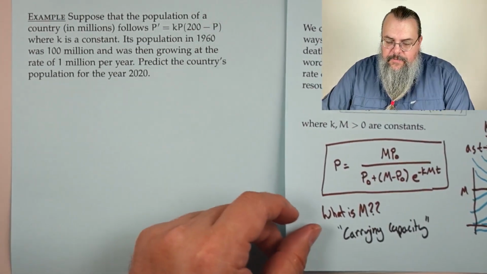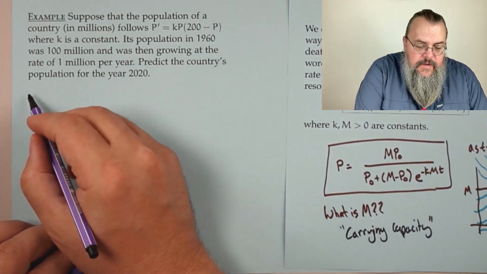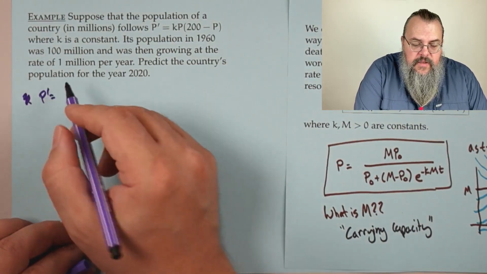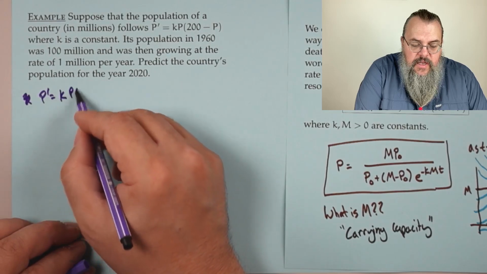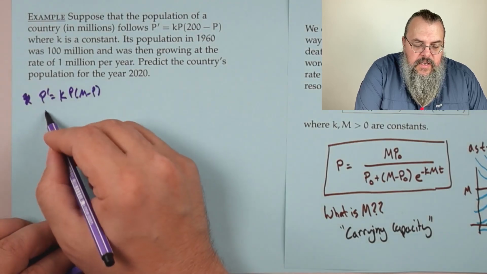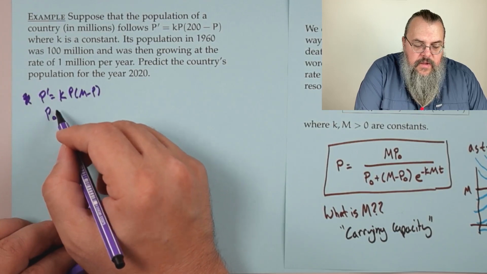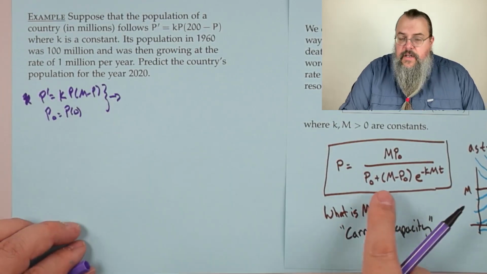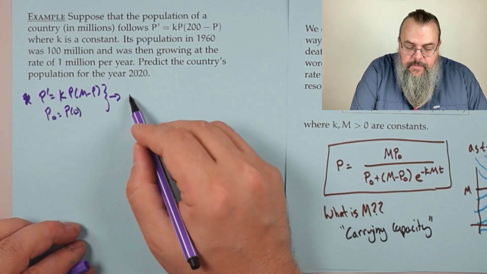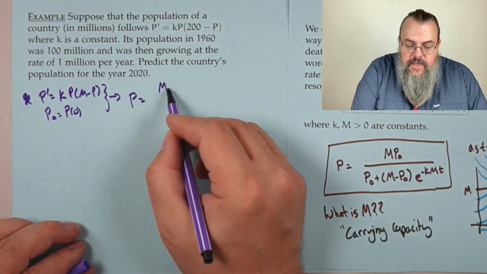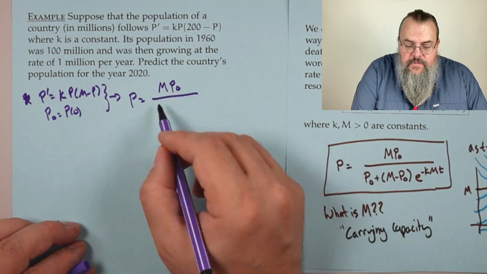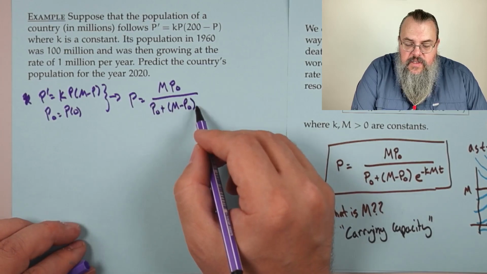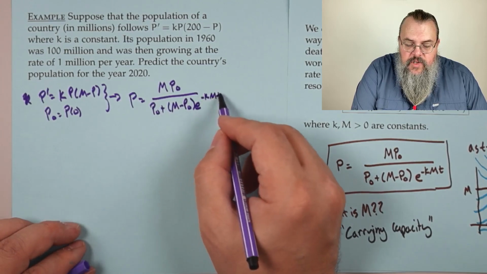So if we have P prime equals k P (M minus P), and P(0) equals P0, then the logistic model, which we're going to copy down, tells us that our population should behave like M P0 over P0 plus (M minus P0) e to the minus kMt.